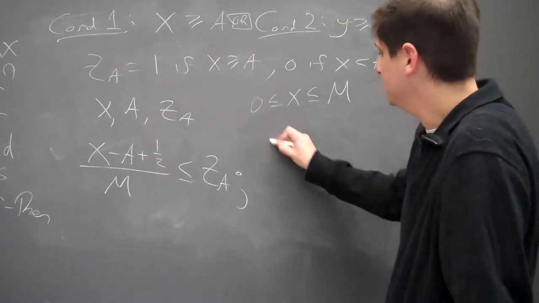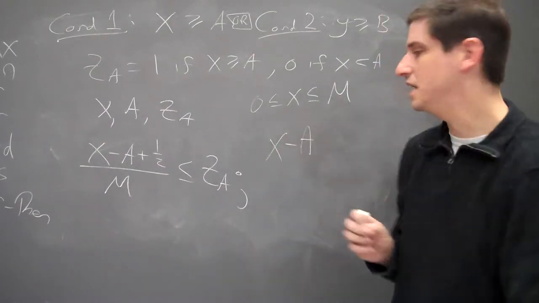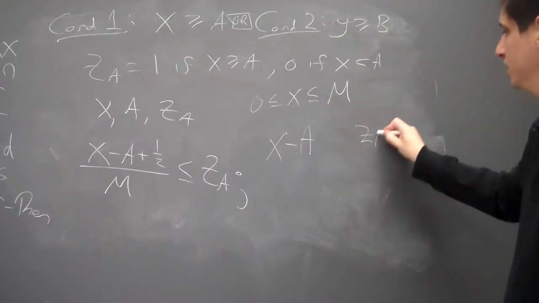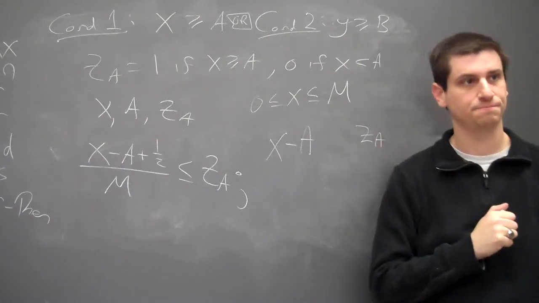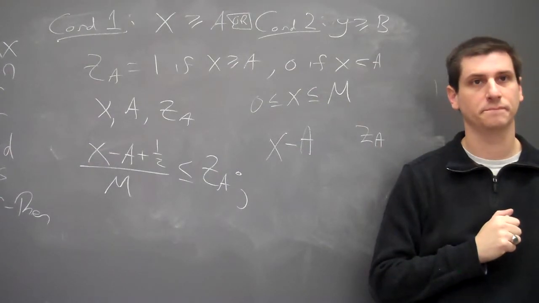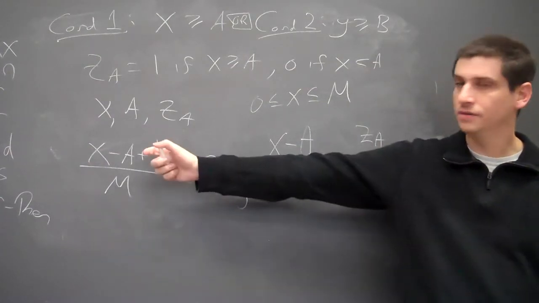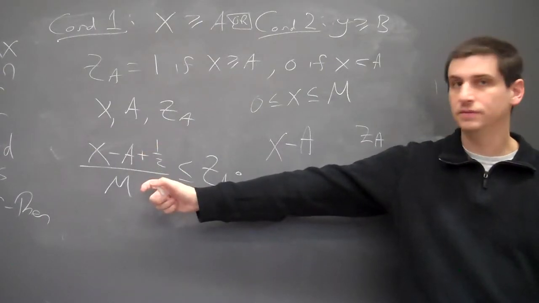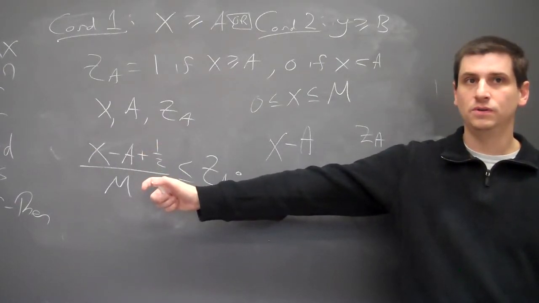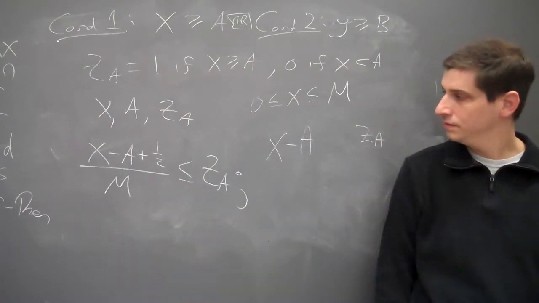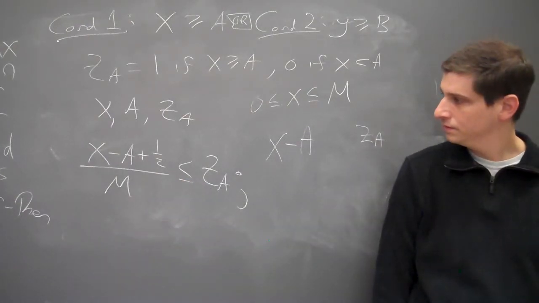So if we look at x minus a, it is now some negative number. And we've got ZA over here. Since you're dividing, if you make the numerator negative, and you're dividing by m, you're going to have a number between 0 and 1. So if you make it less than or equal to z, it's going to be less than 1, so it's going to be 0.